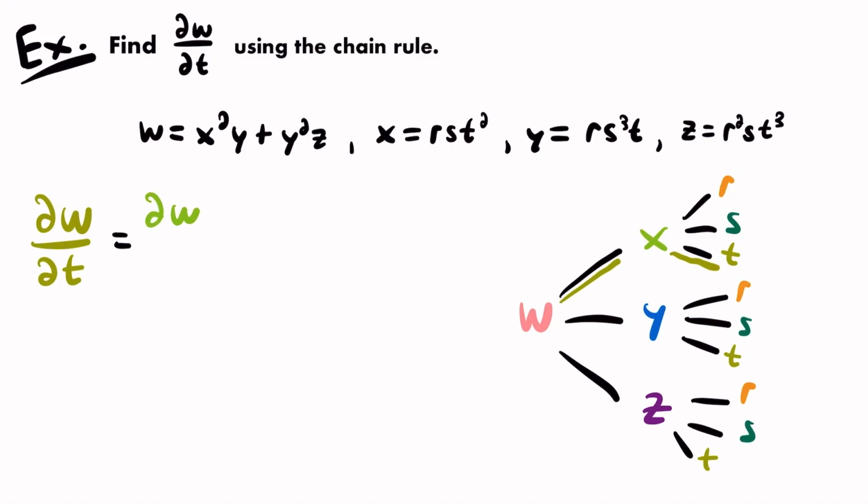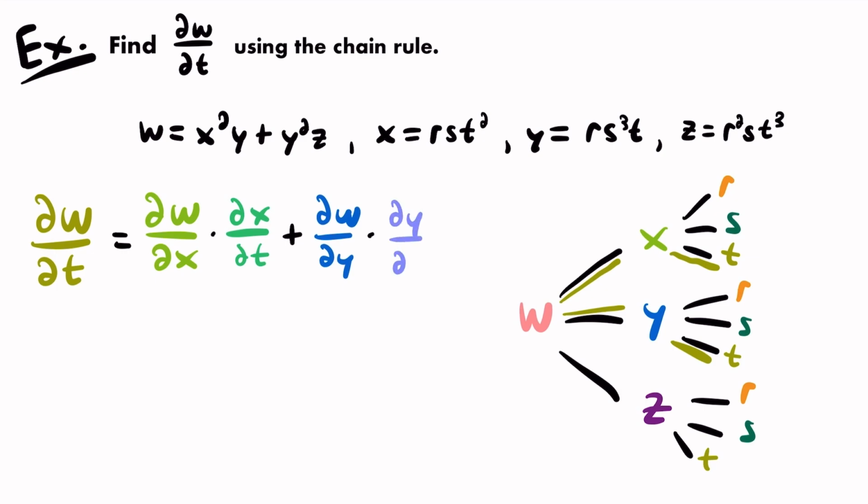Then we will add that to the next term, which will be based on y. Let's take this path next, because we can go from w to y, and then from y to t. So we'll take a partial of w with respect to y, and then take a partial of y with respect to t.